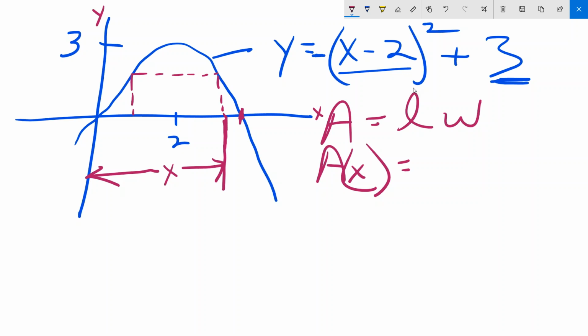What's that point right there? Is that 7? Wait, no. Well, what is that? That's where y equals 0. Okay, so solve this equation. That's -3.